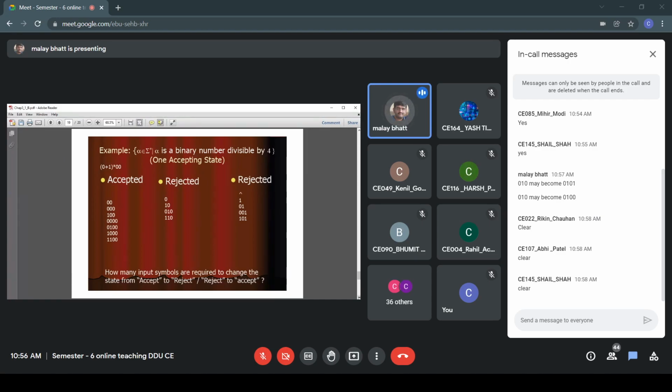Similarly, if it is 11, then 11 will not be accepted. 1, 11, 111 all will be in the null state, because we are not moving towards the acceptance. So we have a self loop for 1.